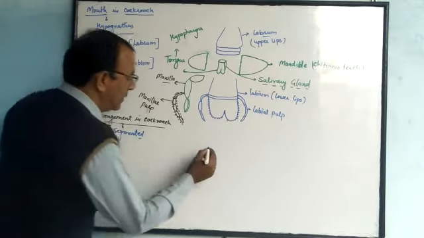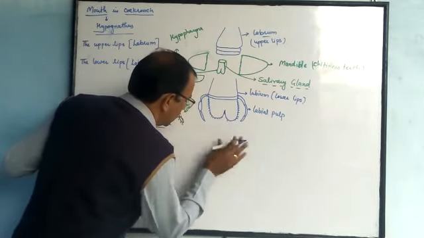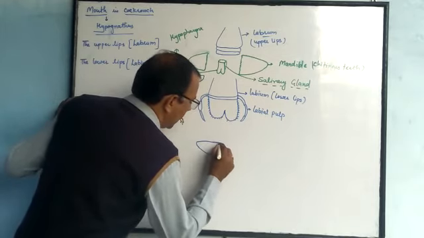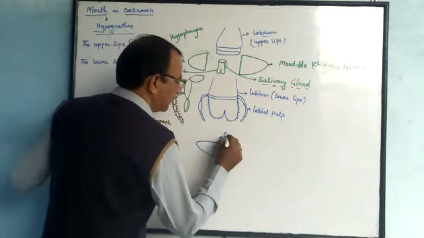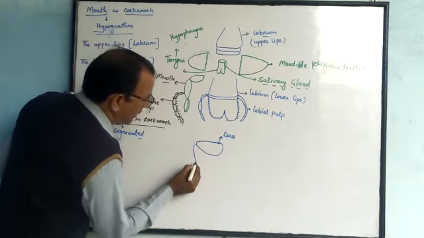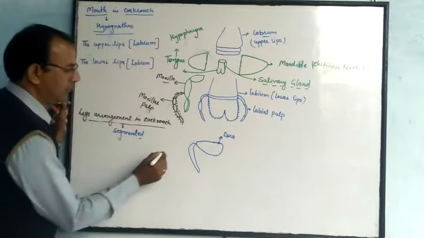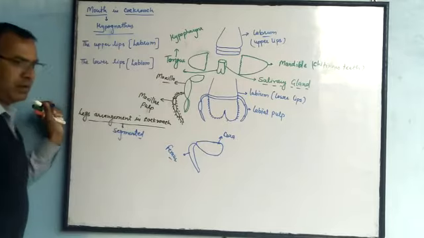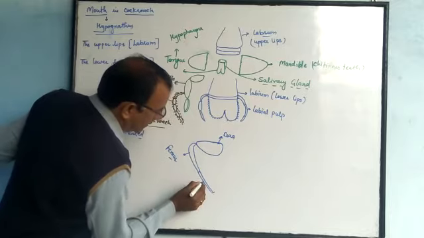How are the legs arranged? First is a triangular structure called the coxa, which is attached to a large portion known as the femur. This is the femur. Then comes another large structure known as the tibia.